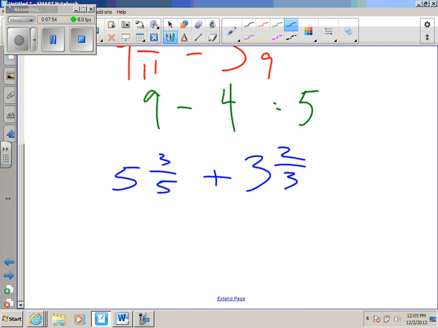First I round 5 3/5. What's the relationship to half with 3/5? It's more than half. So this 5 turns to a 6, and then 2/3 rounds the 3 up to a 4, which equals 10.